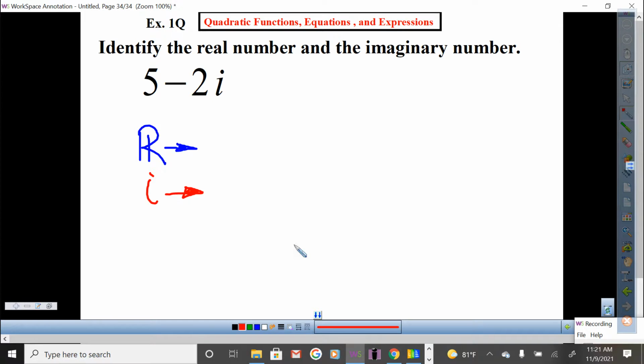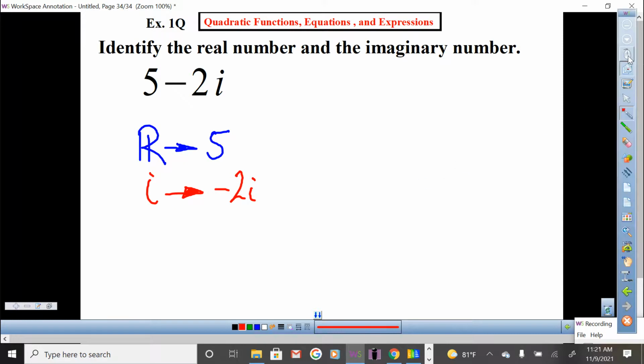Alright, tell your neighbor the real and the imaginary for that complex piece. Alright. Miguel, real. 5. About our imaginary. Negative 2i. Very good. Thank you. Alright, let's do another one.